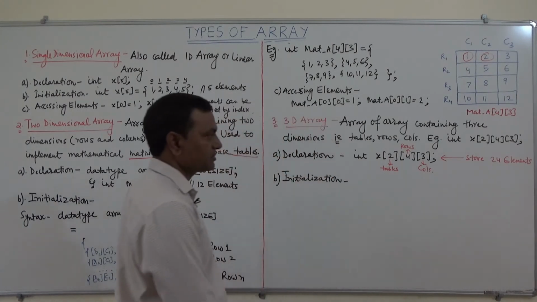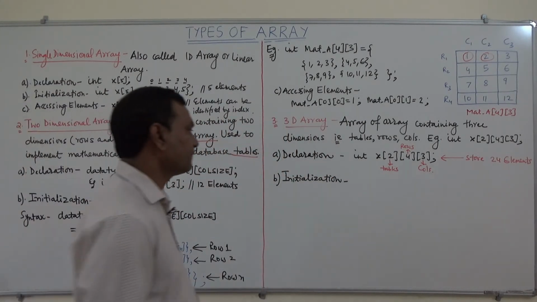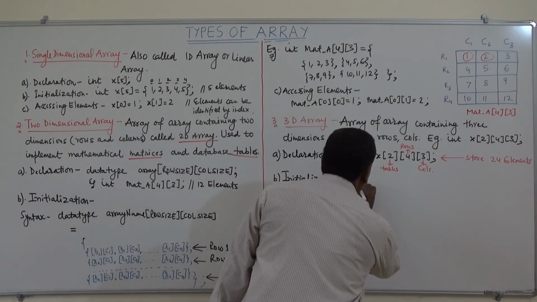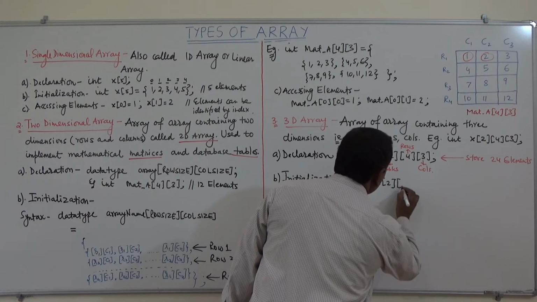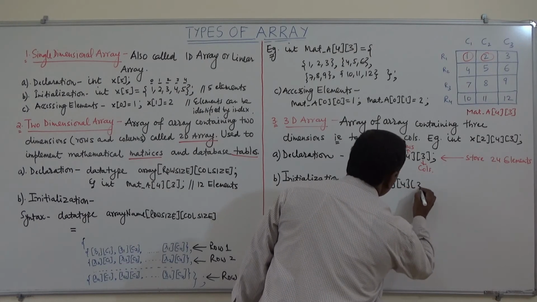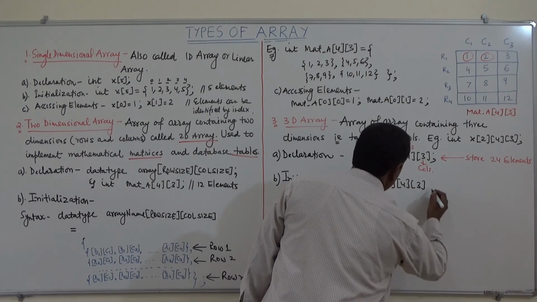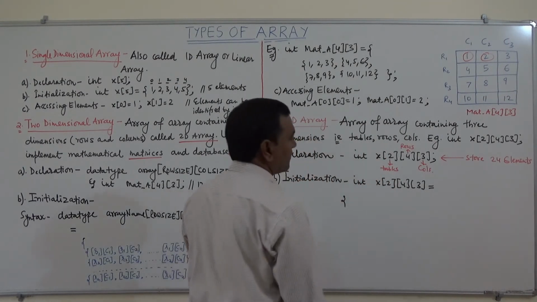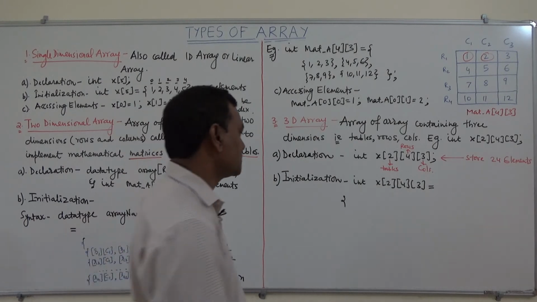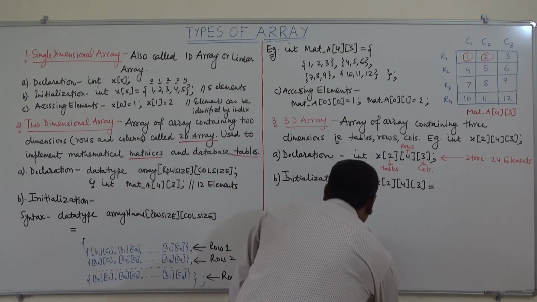To initialize, again we will use the same array. Suppose int x 2 4 3, so it can be initialized like this. It will contain 2 tables, so we can write in this way.